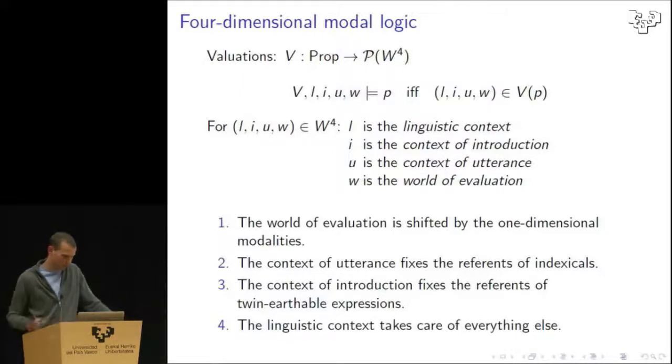And then lastly, we have the linguistic context, which takes care of all the other things that are left over by the other contexts, which basically does the thing that Stalnaker wants the context to do, minus the things that are now already done by the context of introduction and the context of utterance. So probably it would just provide the conventions which determine the meaning of expressions.